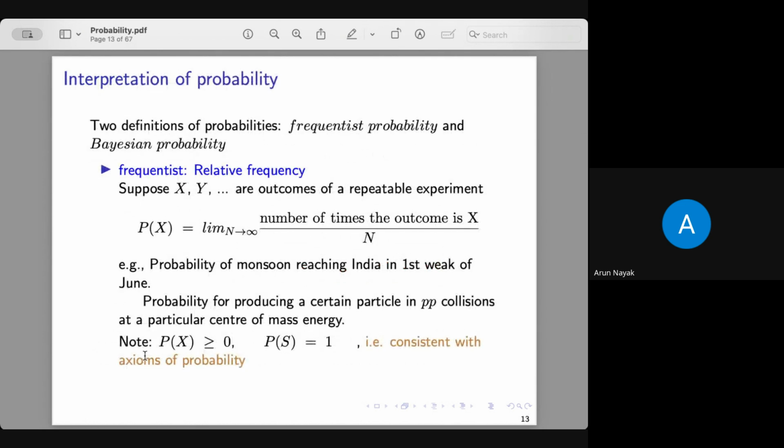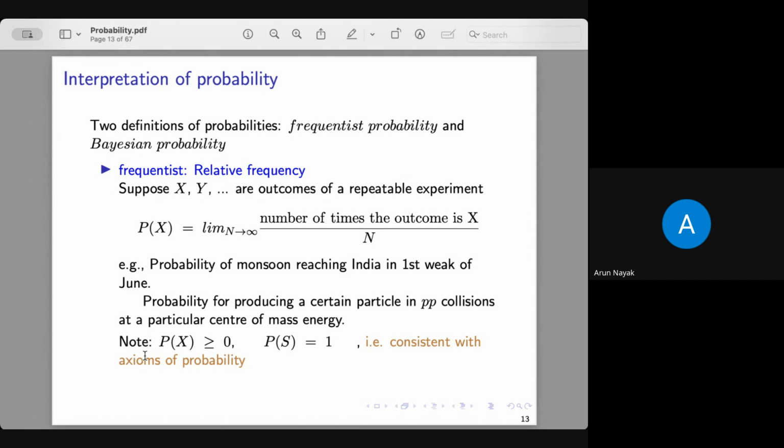Now that we have discussed some basic concepts about probability, let's see how we interpret these probabilities. There are two definitions of probability. One is called frequentist probability, and the other is Bayesian probability. The frequentist probability is the one that you are all familiar with, which is basically the relative frequency.